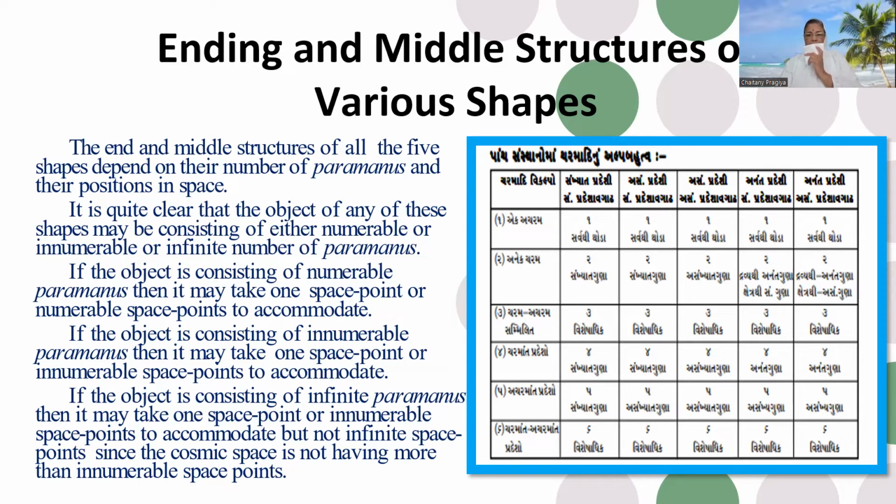In this chart, it is said that if the structure is made of 2 atoms or an infinite number of atoms, but exists in innumerable space points, then its shape is confined to those space points only. Such objects are found very limited in space.